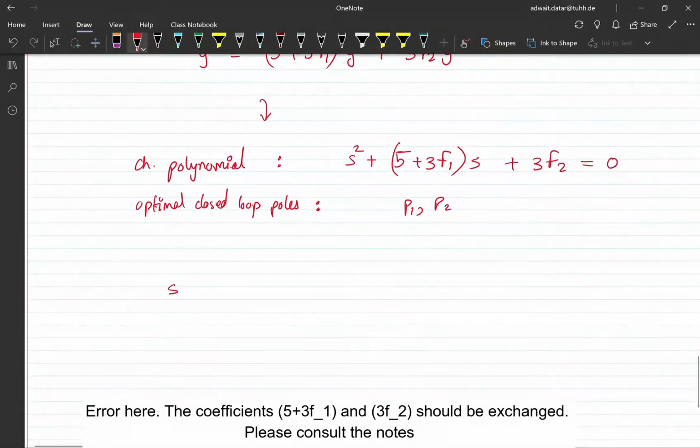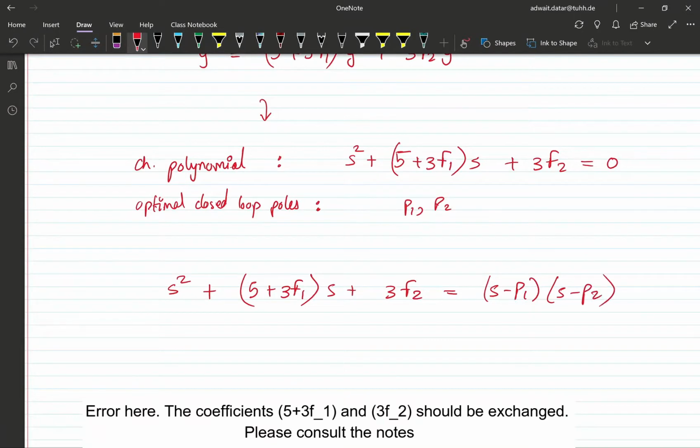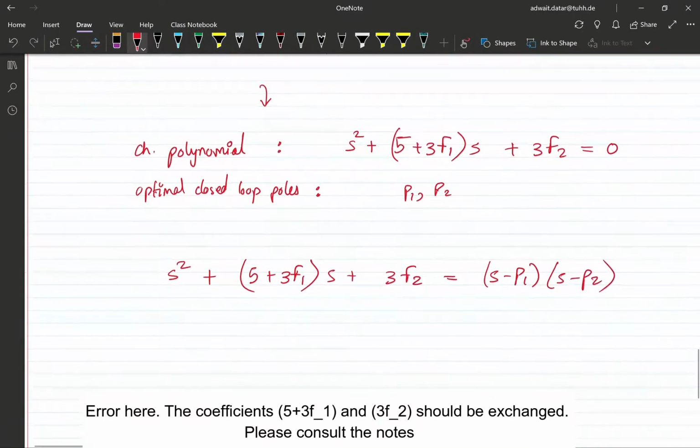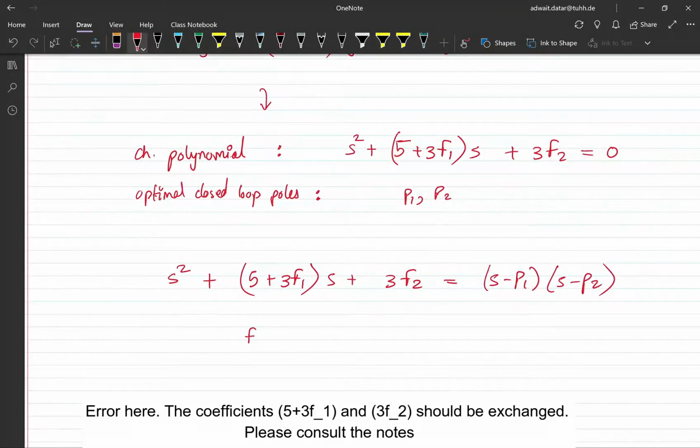So we can have this equation to solve for F. And if we do that, we get something like this. And that's it for this problem. Thanks a lot.